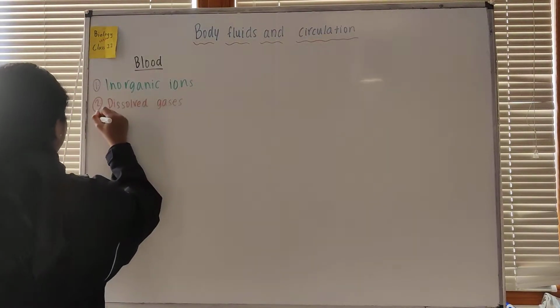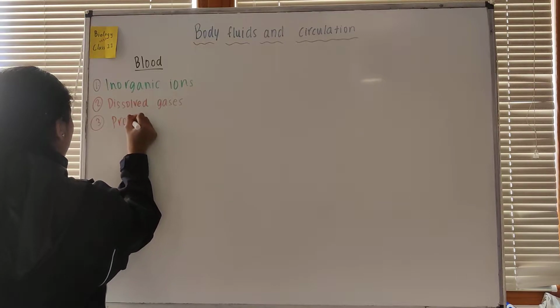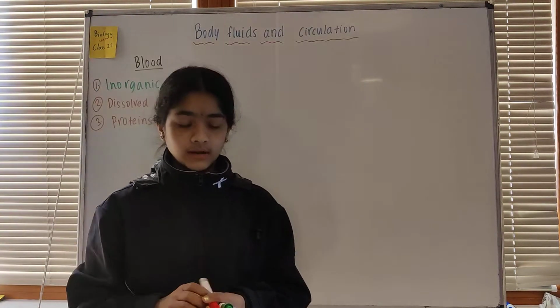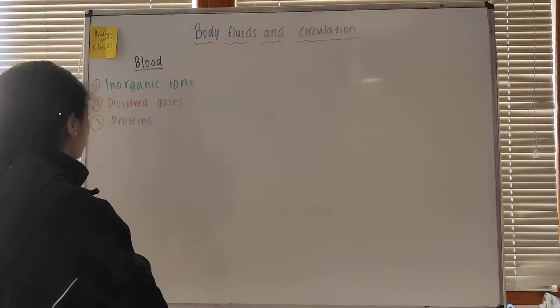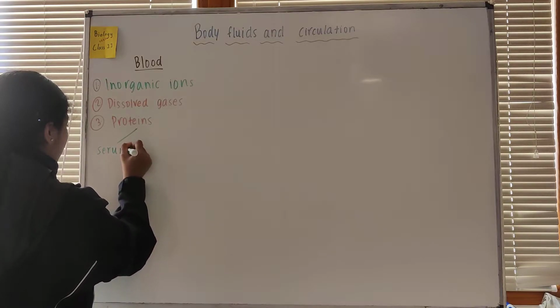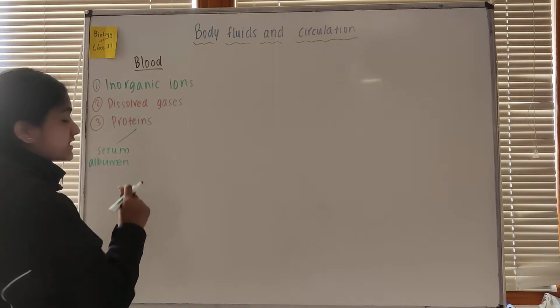The third thing that is present is proteins. So there are various proteins also that are present in the blood, like serum albumin, or just albumin.